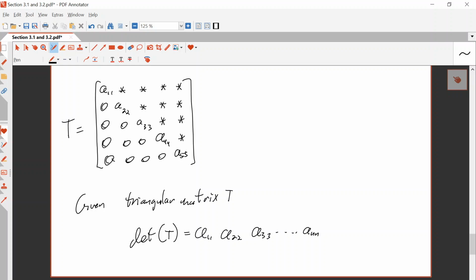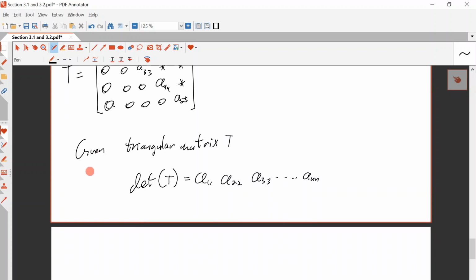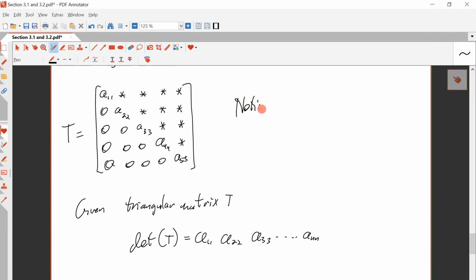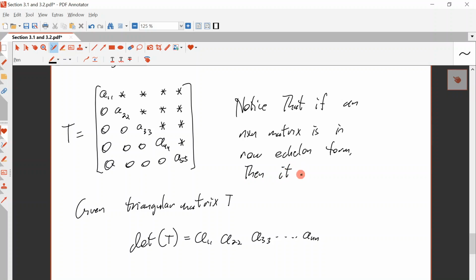Okay. So this is a matrix that's called triangular. You will notice that if an n by n matrix is in row echelon form, then it must be triangular, right?